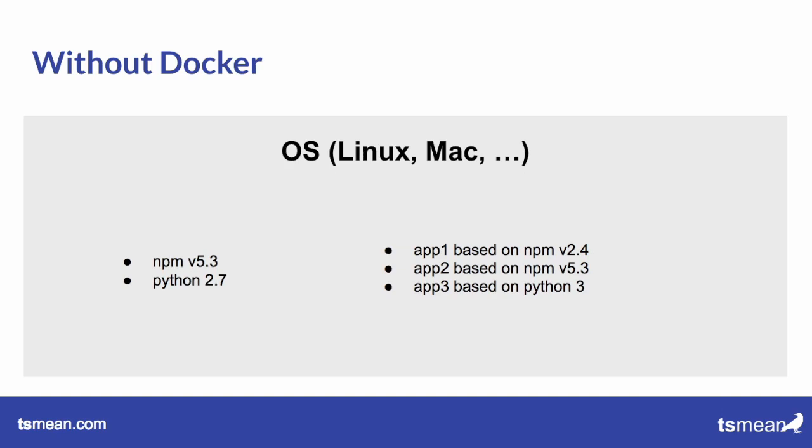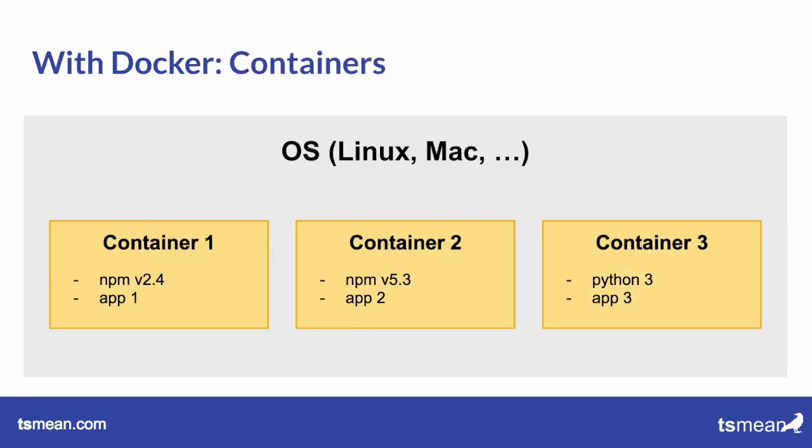So we need some kind of isolation. We need to be able to bundle together our dependencies with our application. And Docker is exactly what provides us this isolation. It provides us with Docker containers.